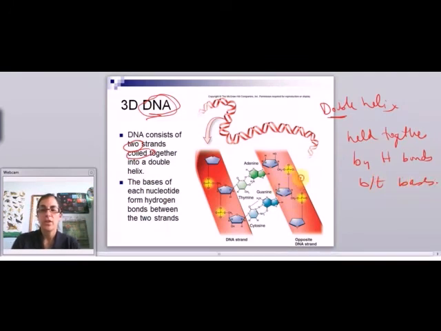So this is 1 strand, a second strand, and here are the hydrogen bonds between the bases of the two strands, and that will hold these together. And then these will coil around each other, and this is the representation of the coil. So here's one strand, two strands, forming a coil. And that's the double helix. Again, we'll talk more about this in a later chapter.